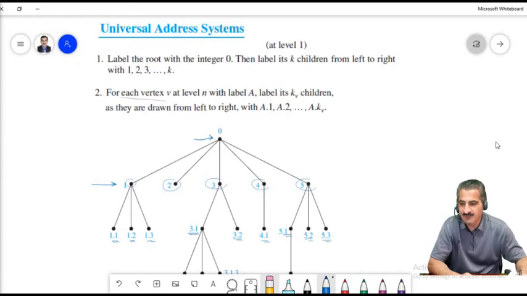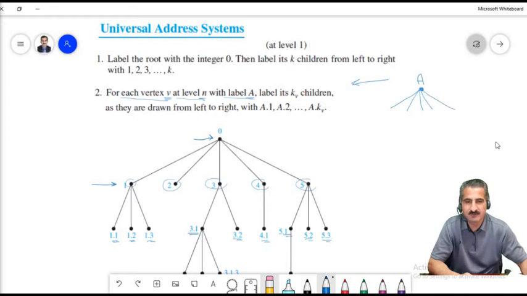For each vertex V at level N with label A, I want to make this statement clear. We have a label A for some vertex, and then we have children of that vertex.